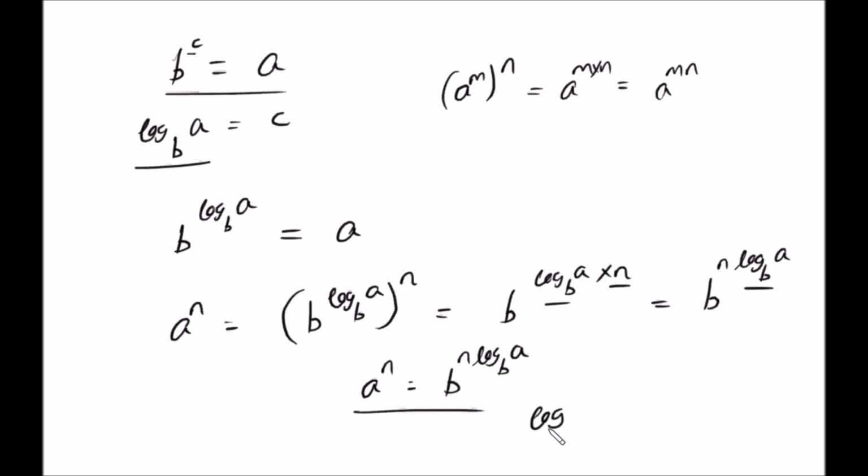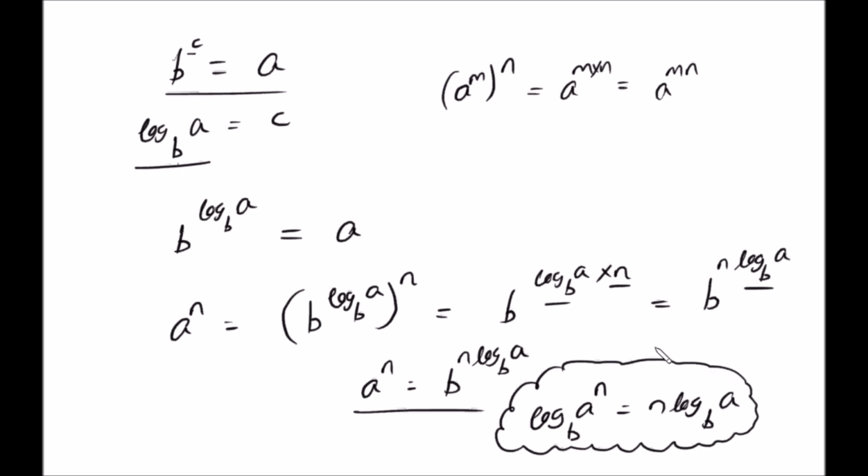Itakuwa ni log, so huyu ndo base b, tunaona kama hapa b alikuwa base, and then a power n ni sasa na n log a. Kwa hiyo hii sasa ndo law yetu ya 5. So let me write in the fresh page kwamba logarithm of a power n to base b ni sawa na n times logarithm of a to base b. So this is our fifth law, law 5.